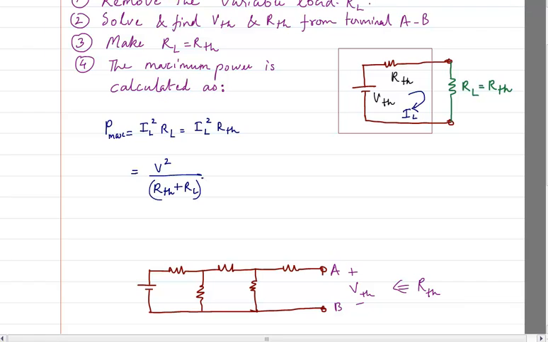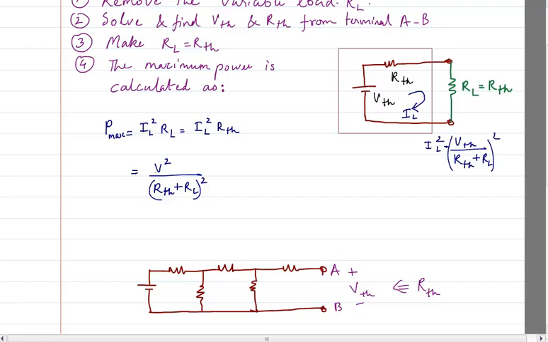Now where did I get IL from? IL here is going to be equal to VTH divided by RTH plus RL. But RL is RTH, so IL square is going to be the square of this.